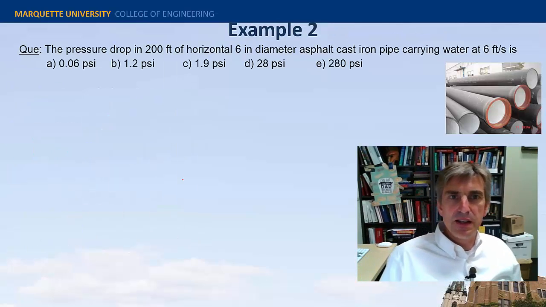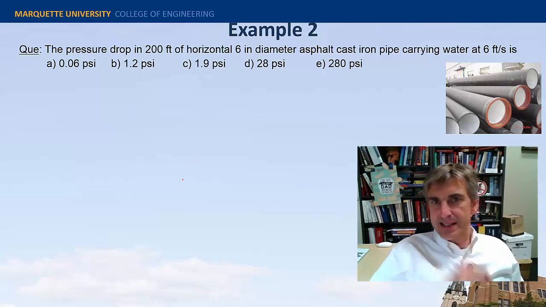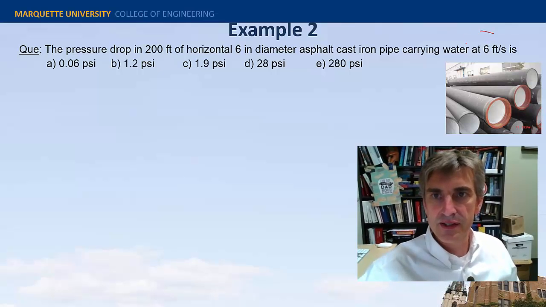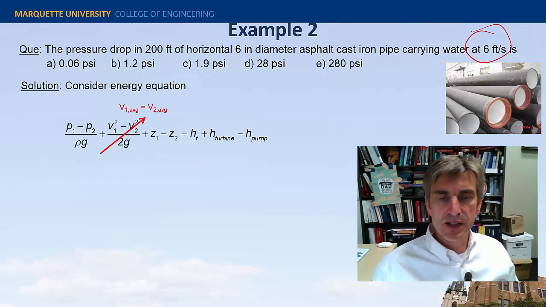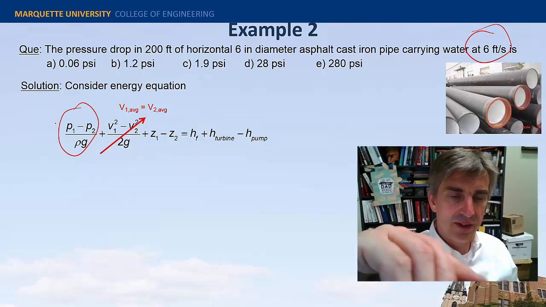What is the pressure drop in 200 feet of 6-inch diameter asphalt cast iron pipe carrying water at 6 feet per second? This is the average velocity of the water. Well, we can solve this by using the energy equation. Here's our pressure drop, this is what we're after.